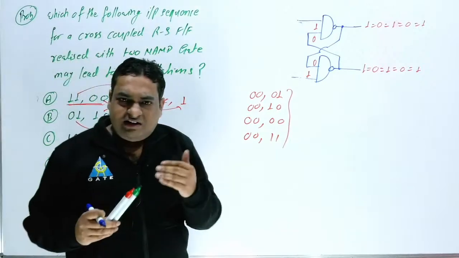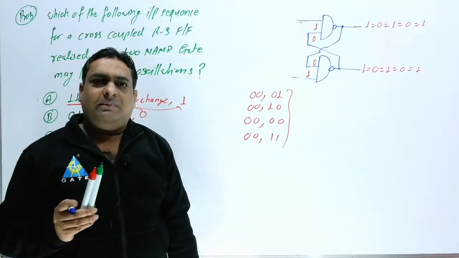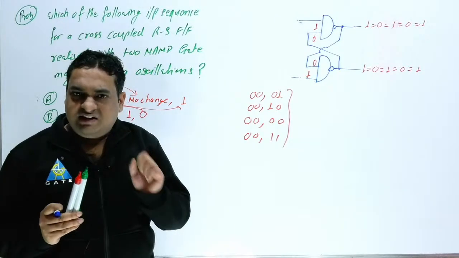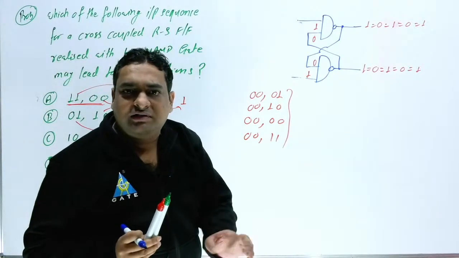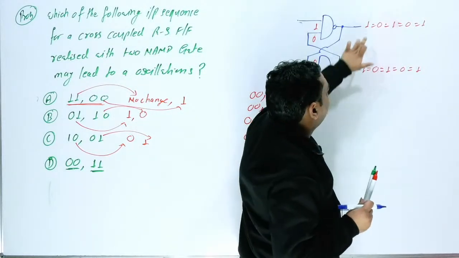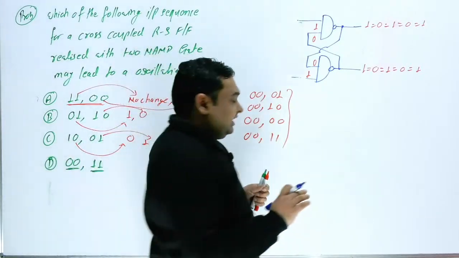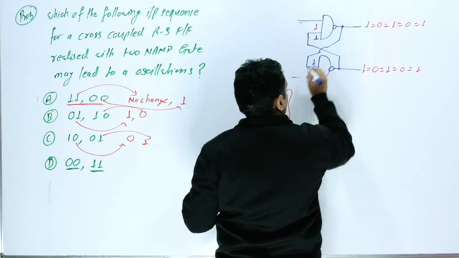So what exactly are we doing here? First, I am going to create an unstable state, or you can say an invalid state. If you create an invalid state, both outputs will be 1 1. It means both second inputs will be 1 1.